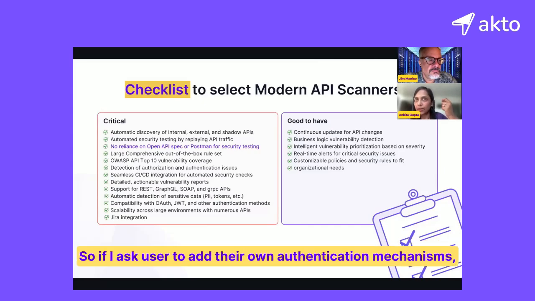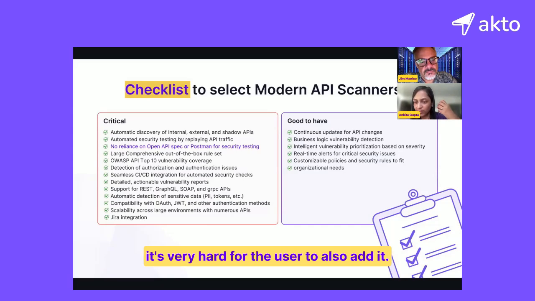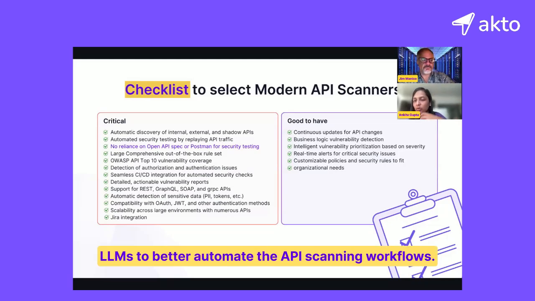If I ask the user to add their own authentication mechanisms, it's very hard for the user to add them. Sometimes they also lack context. Now, because Akto has all the traffic information, Akto can do it itself. So we are figuring out how to use LLMs to better automate the API scanning workflows.